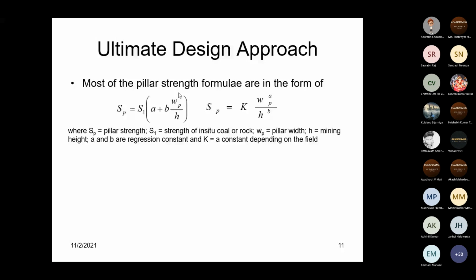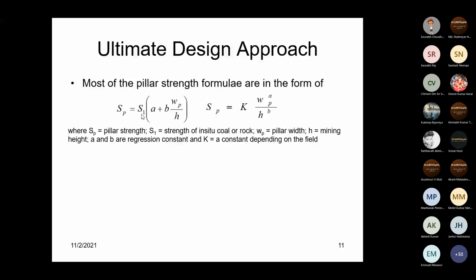So this one, the W by H. This formula represents the two aspects of this pillar. One is called the shape aspect. Another is called the size aspect. The first subscript, or this multiplying factor S1, is representing the size effect of the pillar, and this W by H ratio is representing the shape of the pillar.